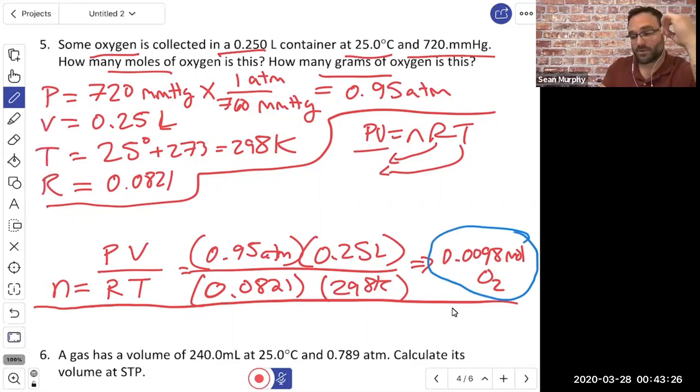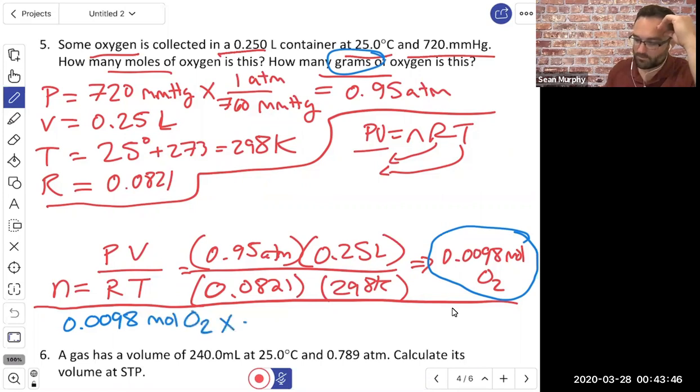The question also asks how many grams of this. So we're going to do a quick mole to gram conversion. So we have 0.0098 moles of O2. Moles are on top, moles are going to go on the bottom.